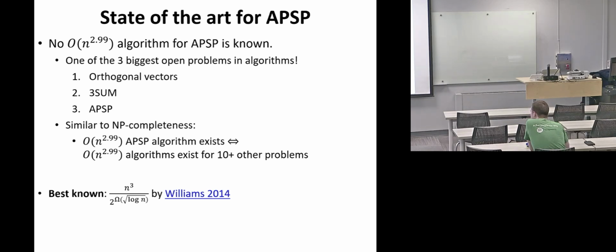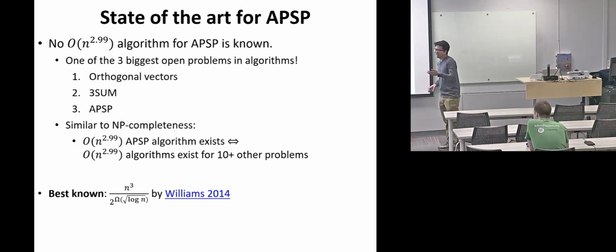APSP is one of them. The other two I can define if you want, but you can look them up too. The thing about APSP, all pairs shortest path, is that it plays a similar role to NP-completeness theory. You have seen that for any NP-complete problem, if you find a polytime algorithm for just this single problem, then you get polytime algorithms for 1,000 other problems.